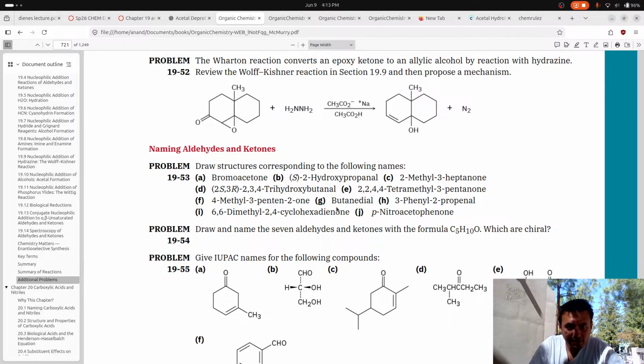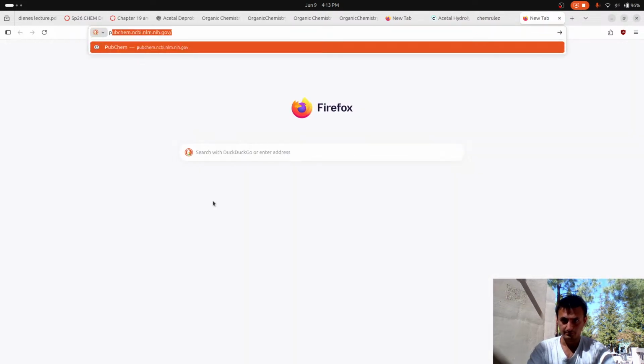4-methyl, 3-pentanone. Okay, so 5-pentanone, 3-pentanone, 4-methyl, 2-one. Okay, that one I'm not positive about. If I just look this up on PubChem though, do I get the answer?